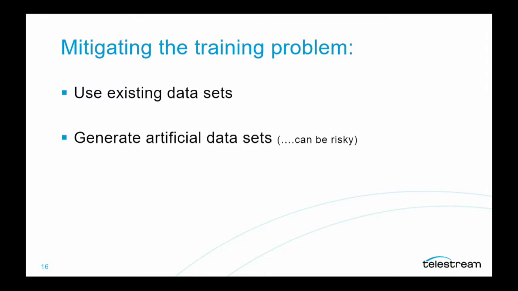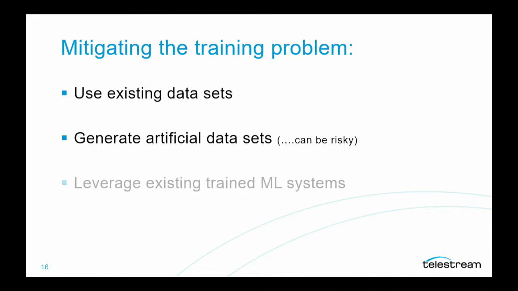We can also sometimes generate artificial data sets, but there are some definite risks in that you can end up teaching the ML to spot something that's characteristic of your simulated error or whatever, rather than the real error. So it can be used with caution.